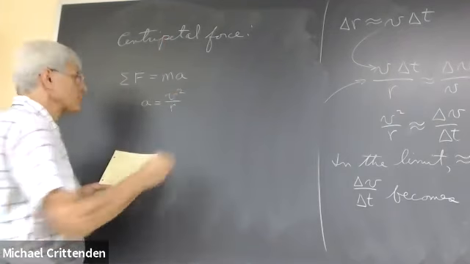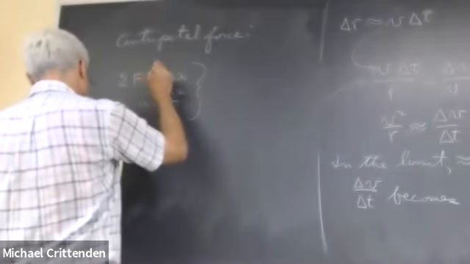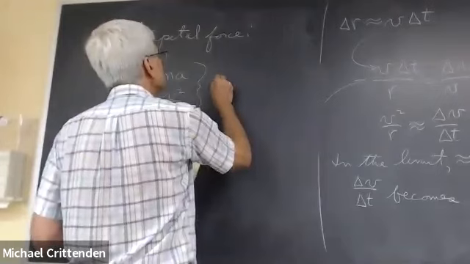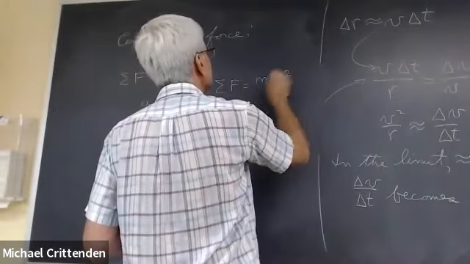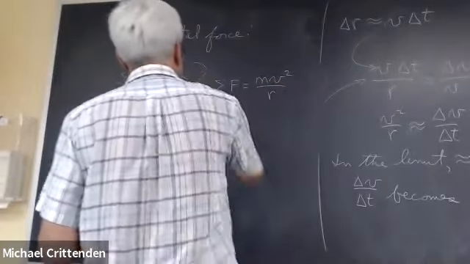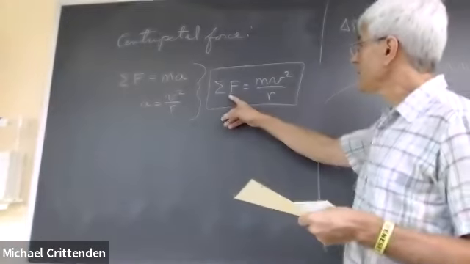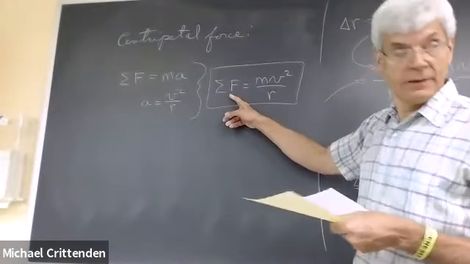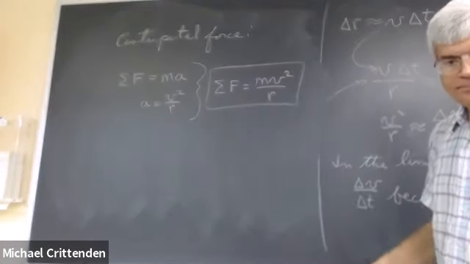So if you put these two things together, summation of the forces is equal to mv squared over r. That is the force acting toward the center, okay?